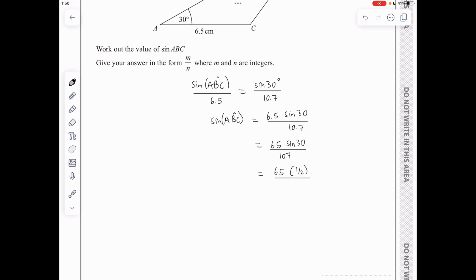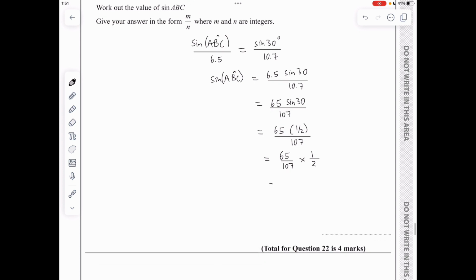So 65 times a half of 107, which can be thought of as 65 over 107 times 1 over 2. And therefore we multiply 65 by 1 to get 65, and 107 times 2 to get 214. So sine of ABC is 65 over 214.